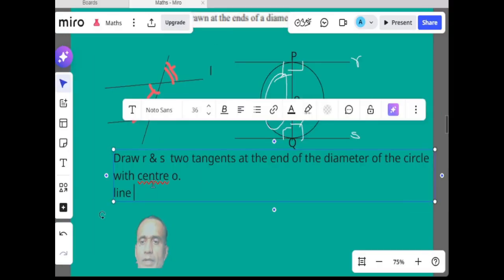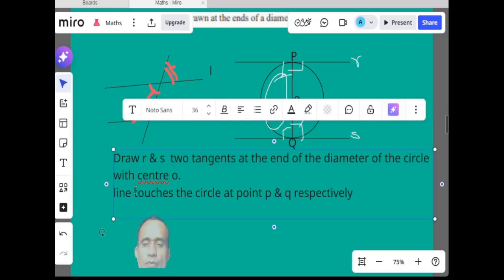So I am writing what we have discussed so far. Draw two lines R and S, tangents at the ends of the diameter of the circle with center O. The lines touch the circle at point P and Q respectively.